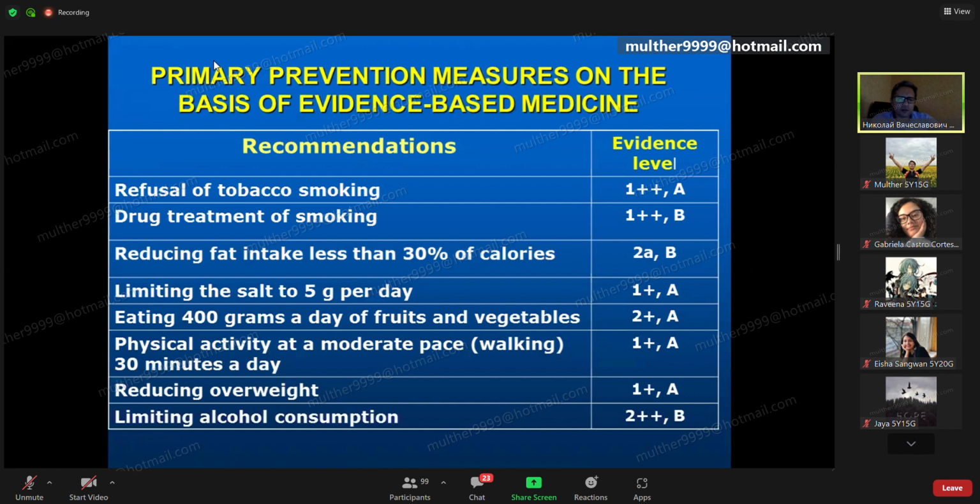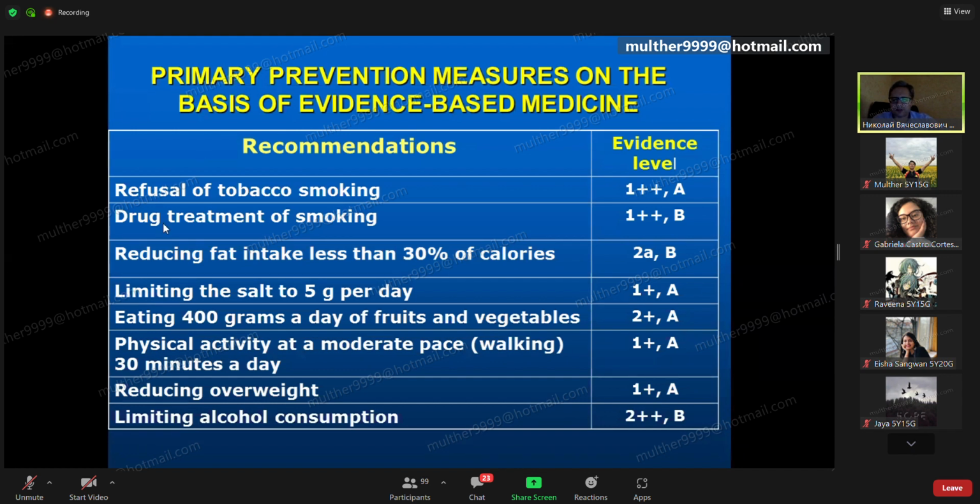Now I want to show you examples of recommendations for primary prevention of chronic non-infectious disease based on EBM trials.